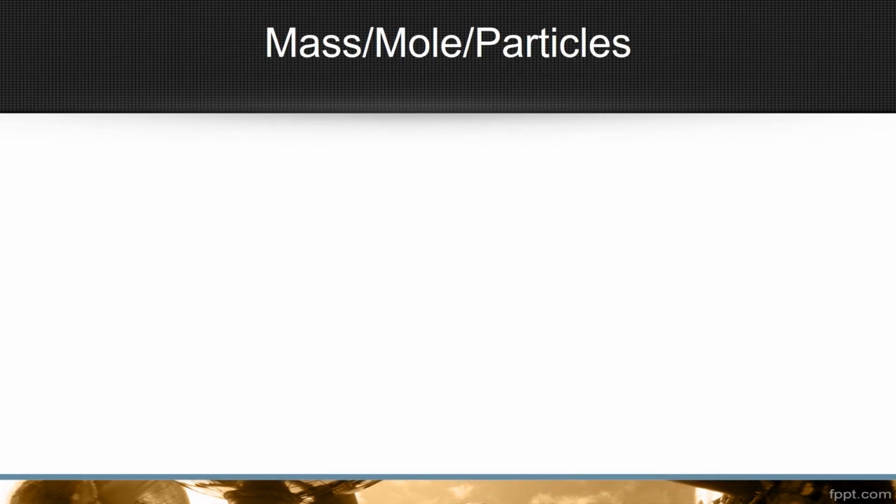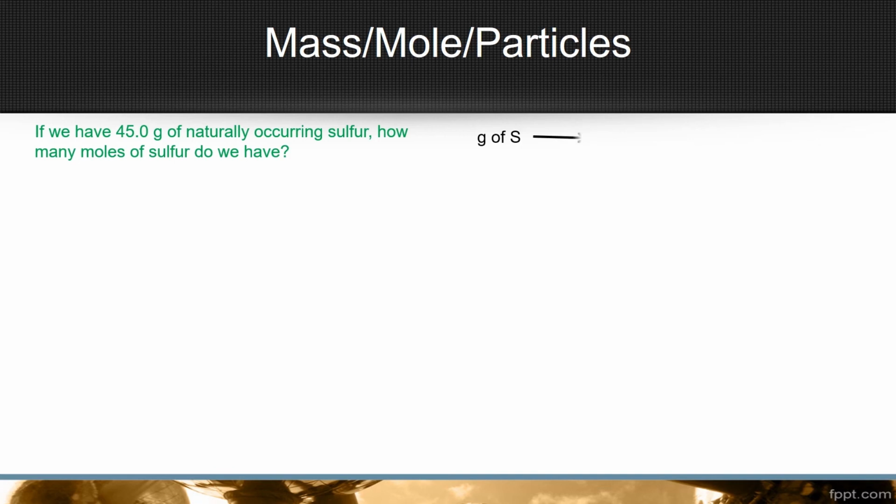Wonderful. Now, let's see what types of calculations we can do with this new quantifying atomic data. Now, if we have 45.0 grams of naturally occurring sulfur, how many moles of sulfur do we have? Okay, so the solution map is grams of sulfur to moles of sulfur.